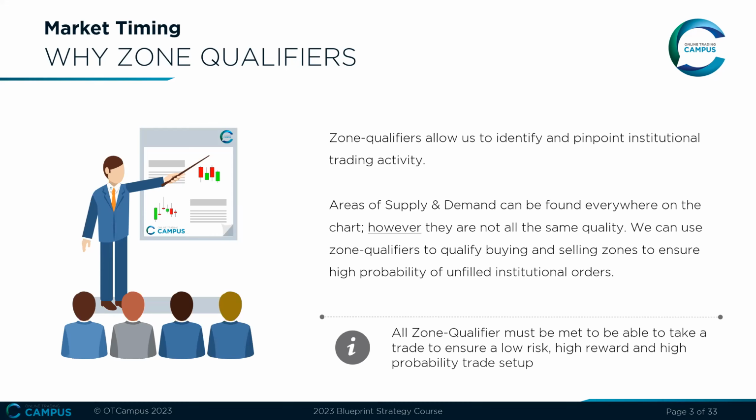And so these zone qualifiers will help us to argue and to qualify buying and selling zones to ensure that we've got these high probability setups. We want to ensure a low risk, high reward, and high probability trade setup. And these zone qualifier rules will just help us to do that.